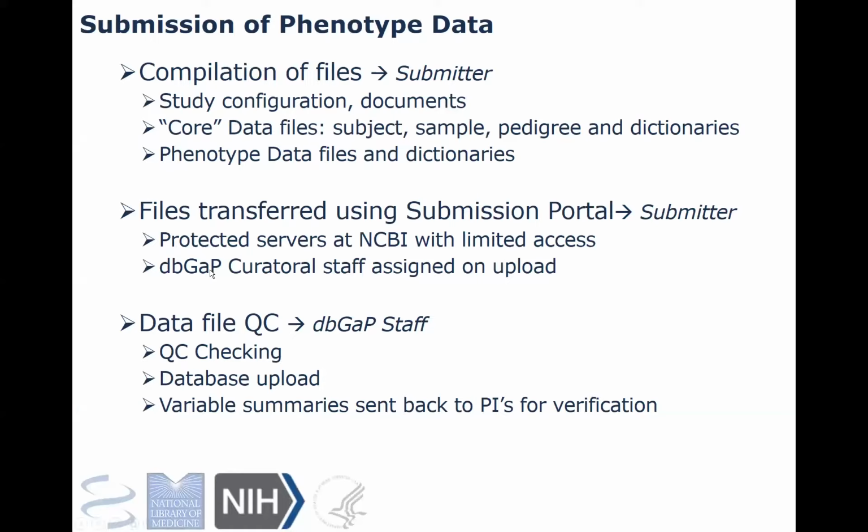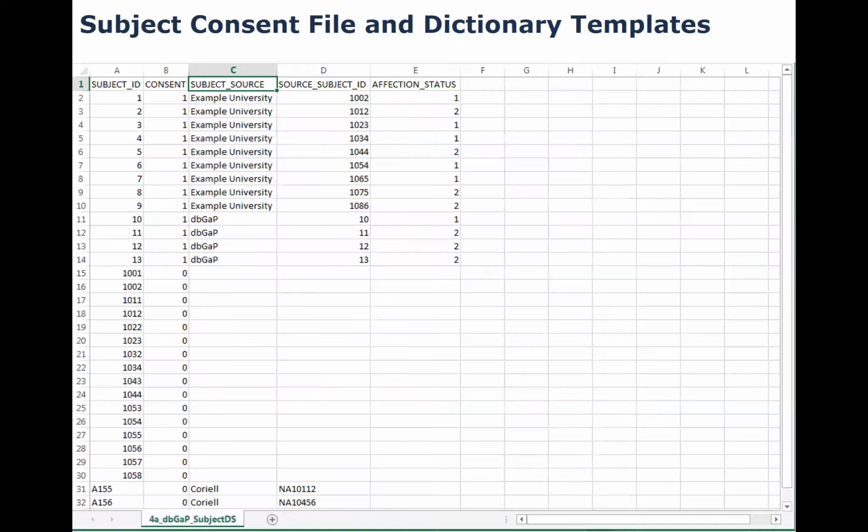And if there's any questions about their processing of that data, they would contact the submitter for clarification. And then the dbGaP staff does these QC checks and loads it to the database, and then we send the variable summaries back to the PI for verification.